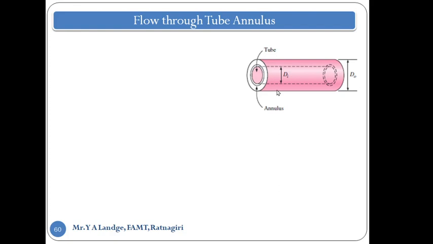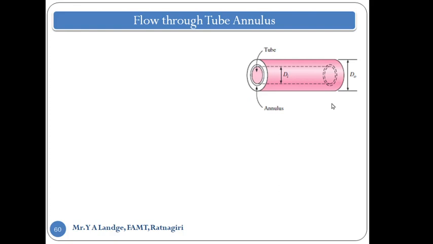Now when the fluid is flowing through the gap between these two tubes, what will be the D equivalent? Because here we can easily find the Reynolds number, since it is circular in nature. But though this pipe is circular, the fluid occupies only up to this section. Not the full pipe is occupied by the fluid.